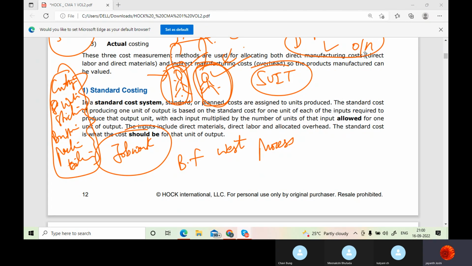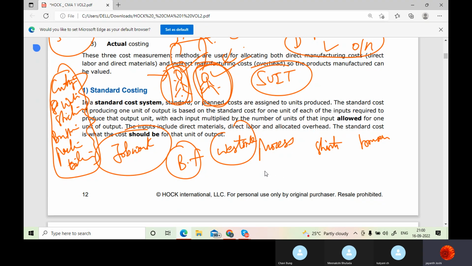Now when I speak about process costing, things are different. I was speaking about Brand Factory, Westside. If you go to big malls, you see shirts, trousers.